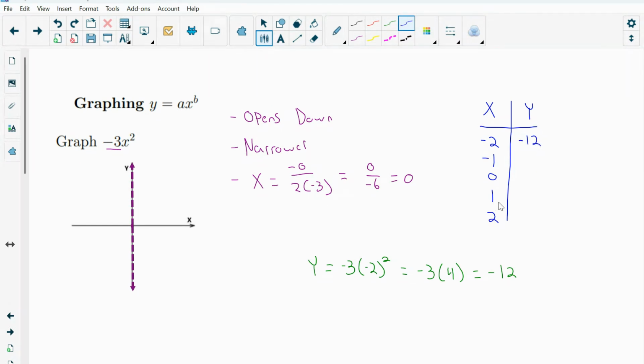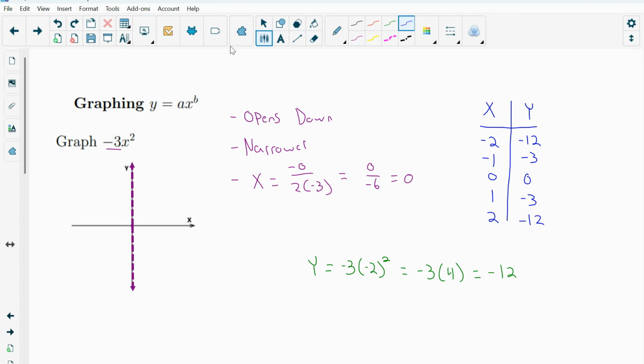Now we can just repeat the process. Negative 1 squared is 1 times negative 3 is negative 3. 0 is going to give me 0, negative 3, and negative 12. So please take your time when making this table. I know that I went through this fairly quickly.